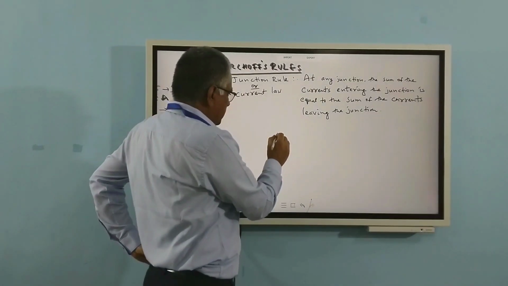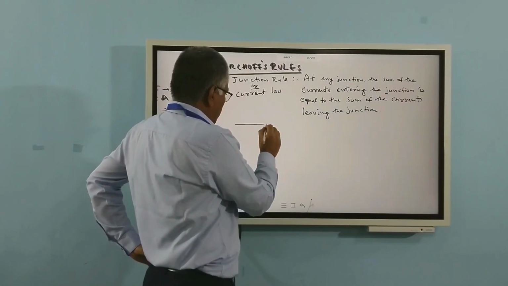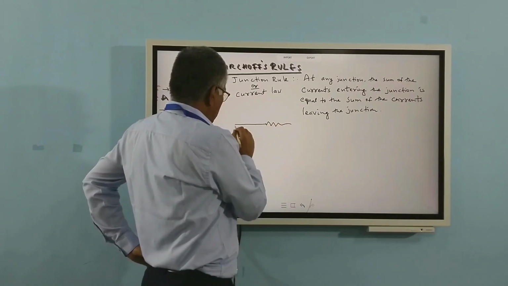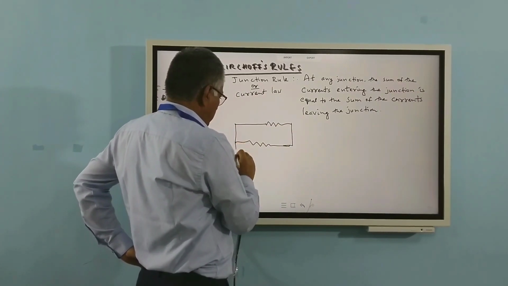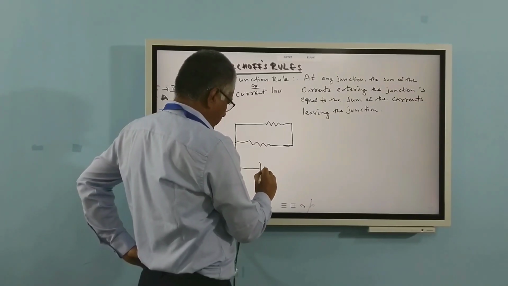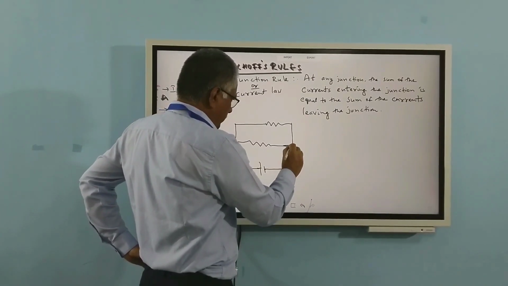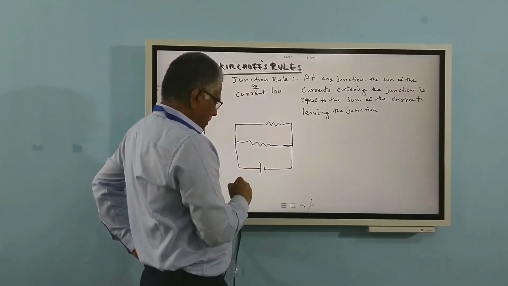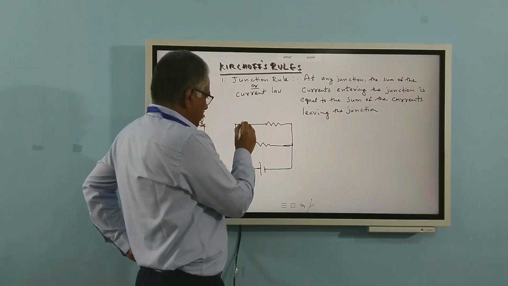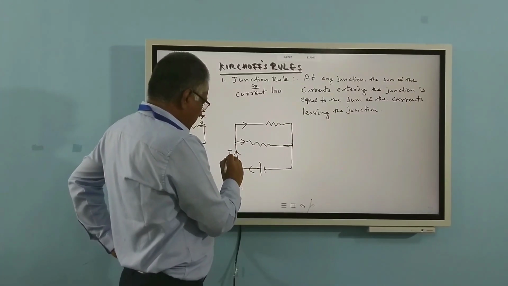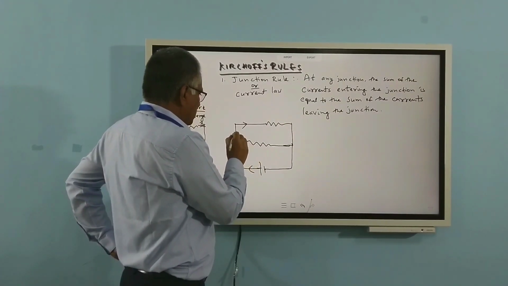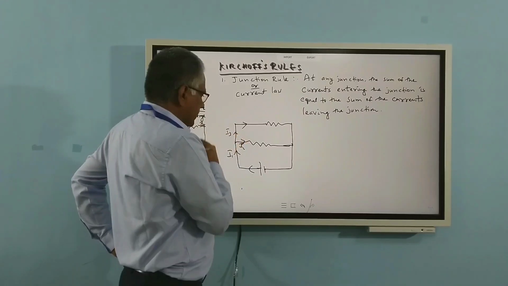Suppose let us take a junction in a circuit. Suppose this is I1, this is I2, this is I3.